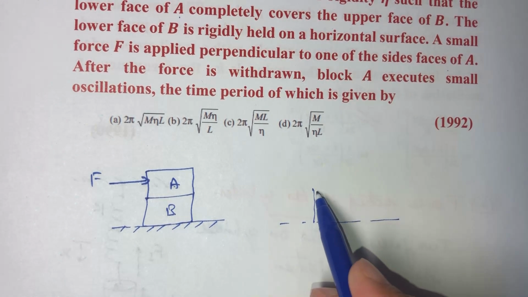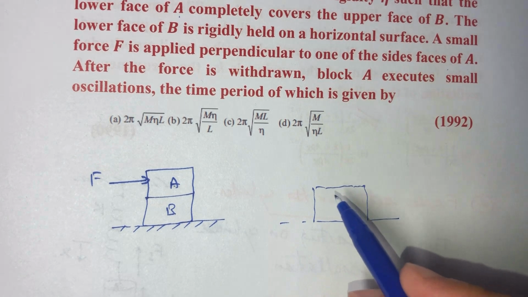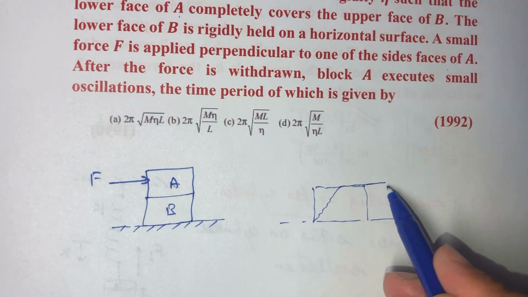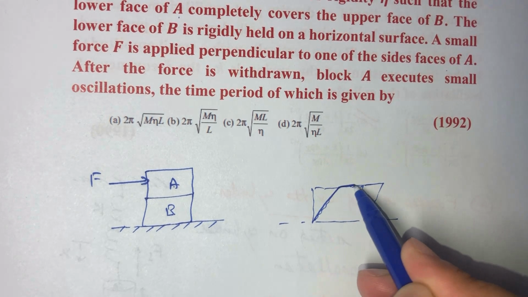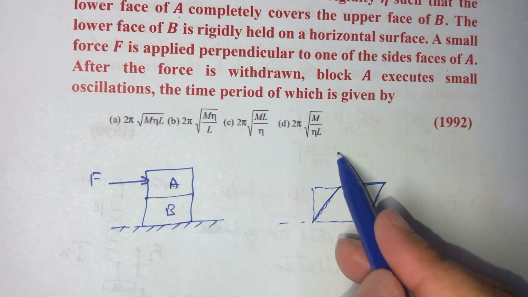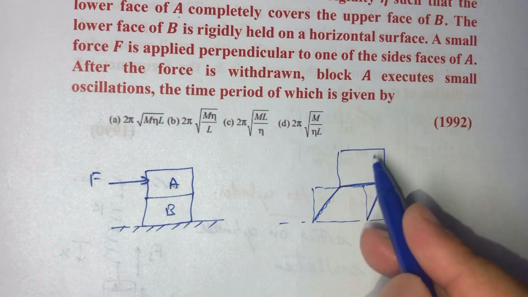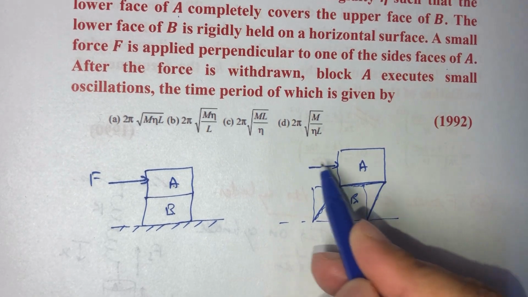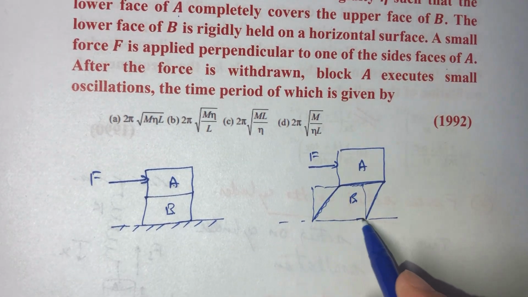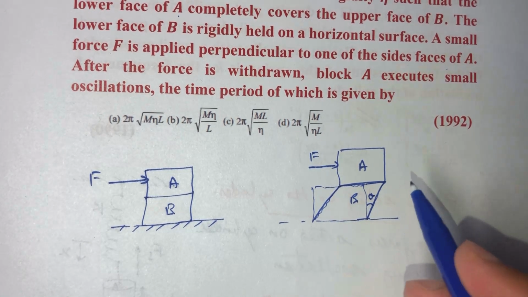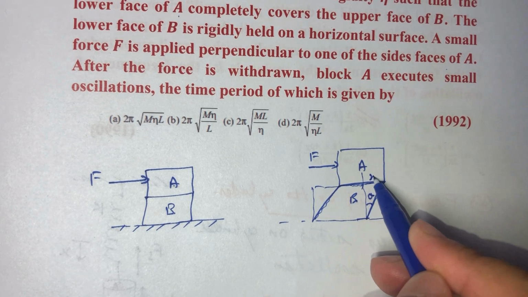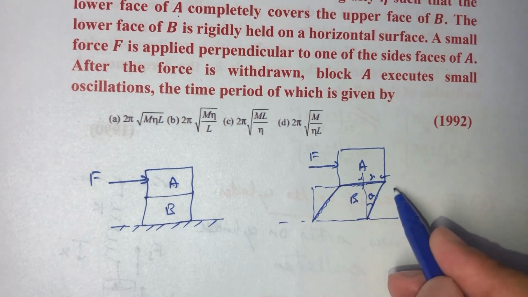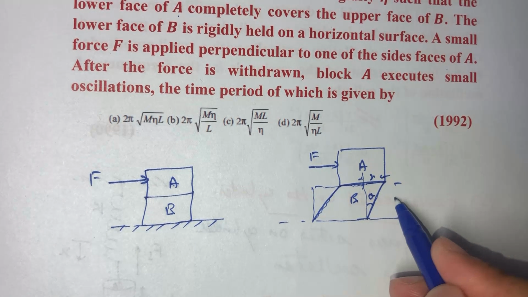So this was our initial block B, and because of the force being applied, this is the new block B, and block A will be as it is above block B. So this is block A, this is block B, we have applied a force F, this is angle theta, and this is x, by which block B moves from its original position, and the side is L.